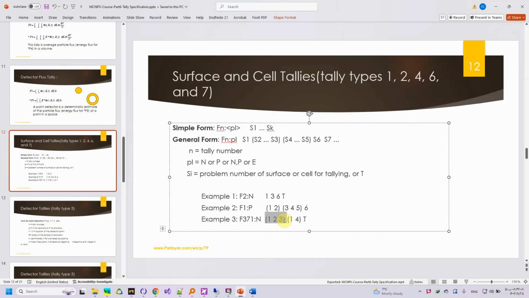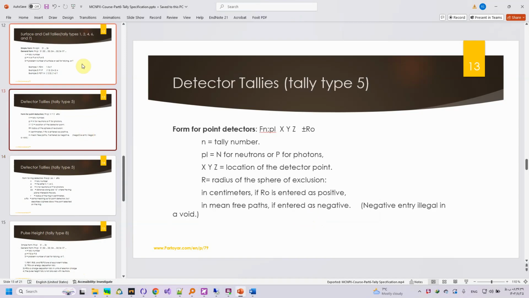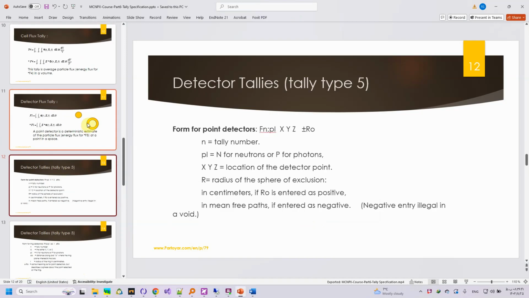At the first output, print current over surface 1 plus 2 plus 3, another output prints tally 1 over surface 1 plus surface 4, and the last output prints the total. It seems that I must change this slide.